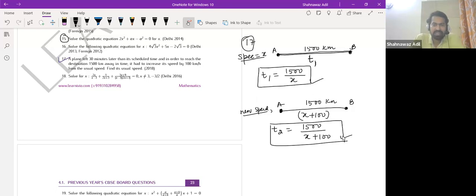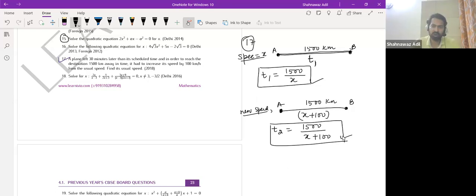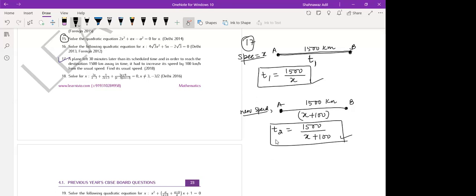We know that the time difference is half an hour. So if we increase the speed, then will the time shorten or will it be longer? Yes, Shaima, time will shorten. So which is the smaller time, T1 or T2? T2, right?